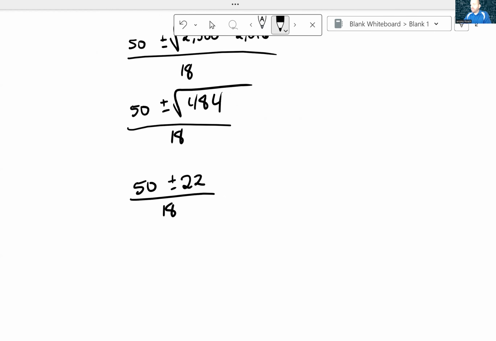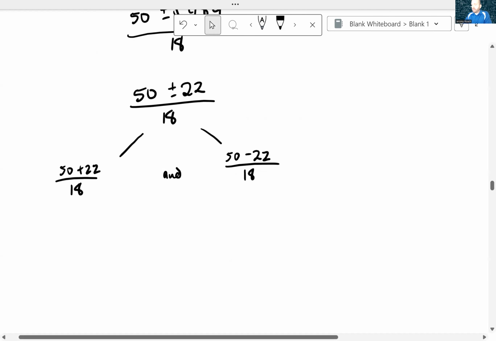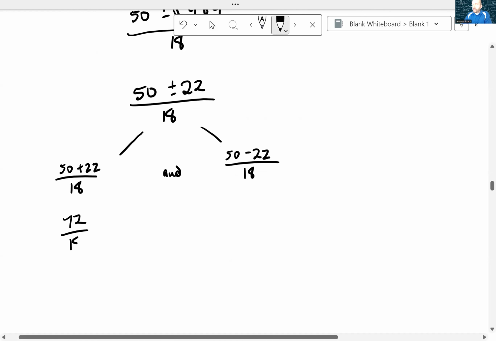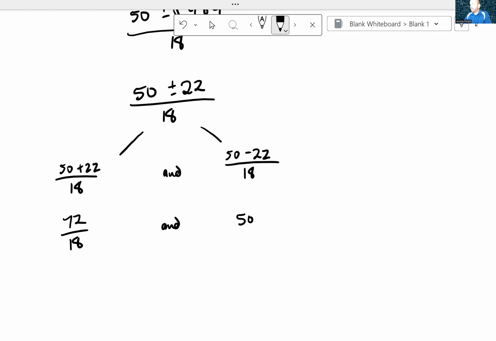I like to write my answers like this. This gives us 50 plus 22 over 18 and 50 minus 22 over 18. So that's 72 over 18 and 28 over 18.